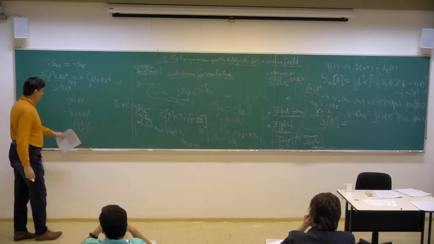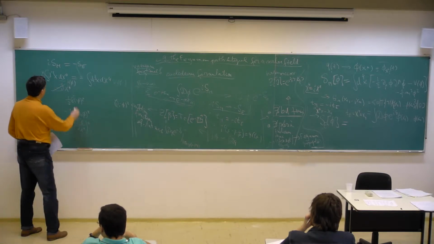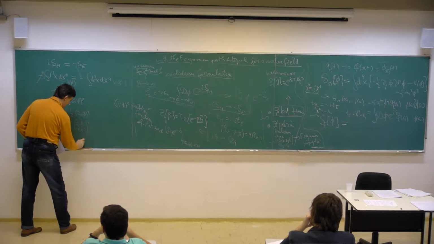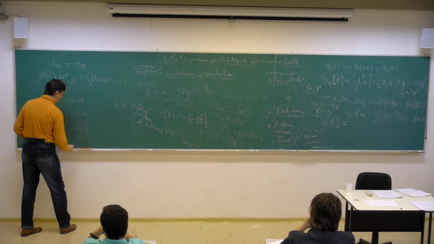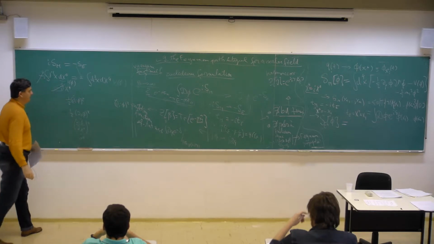In this case, x0, as before, is equal to minus i x4, and minus i squared gives minus 1. So minus i squared removes this.